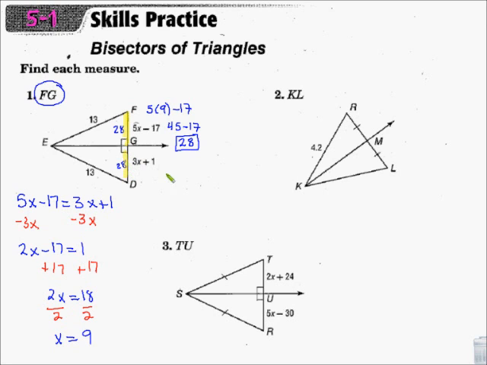This length is the same as this length, and this length will be the same as this length. If this was not a made-up triangle, with algebra made up, this is an impossible triangle.